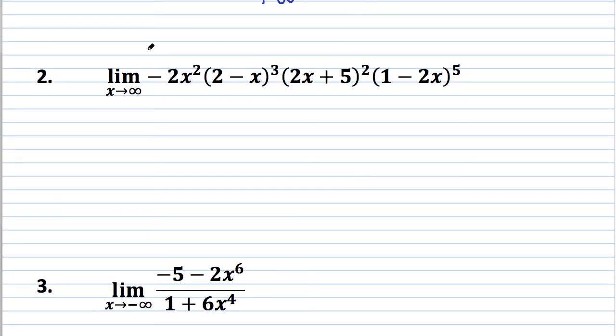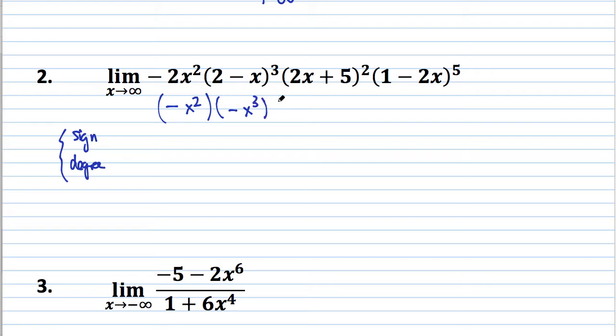For question number 2, we again have a polynomial, but we need to do a little work to figure out the highest degree term. I need to know the sign, and I need to know the degree of that highest order term. So we have negative x squared times negative x, and we cube that, so that simplifies to essentially negative x cubed.